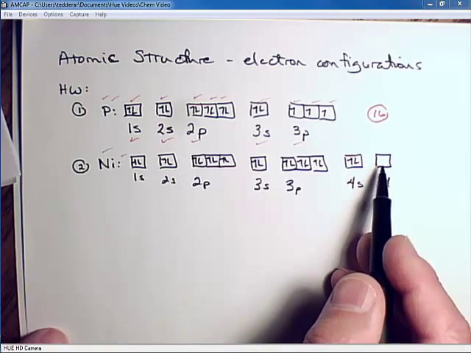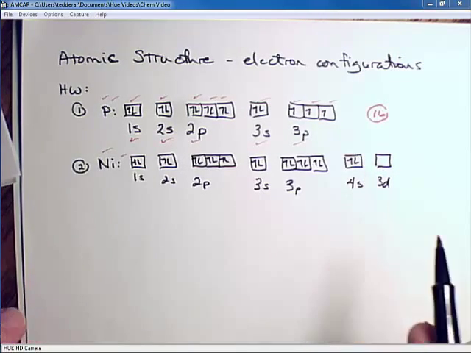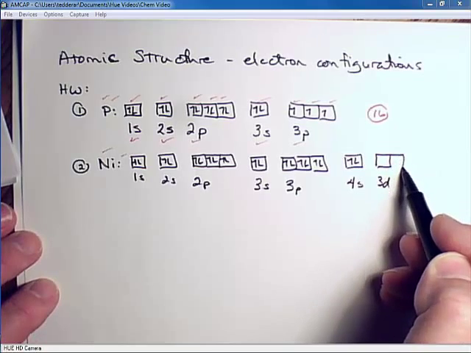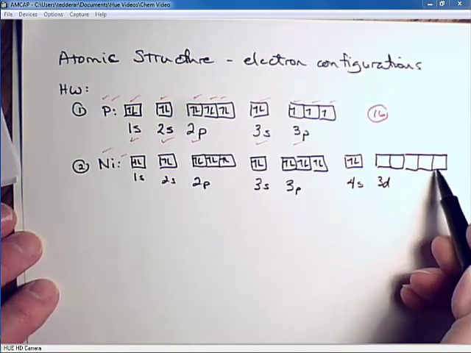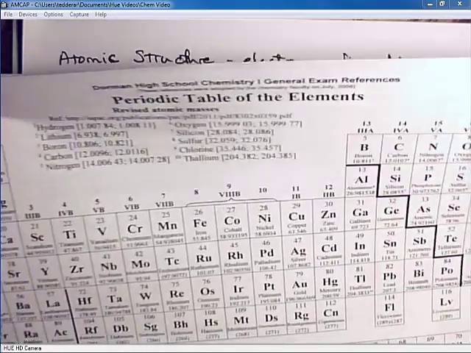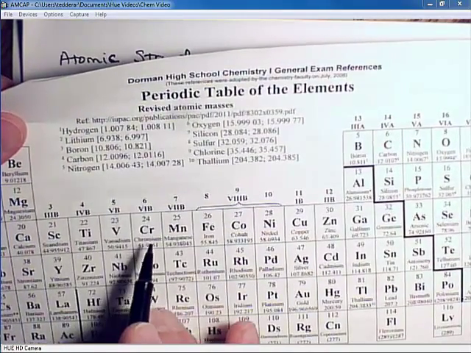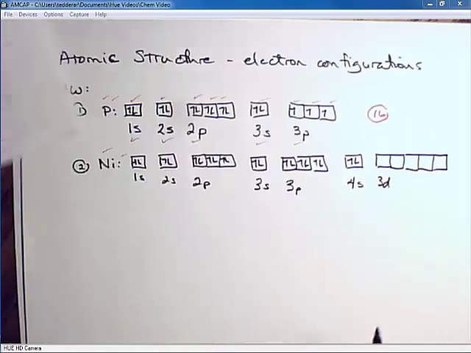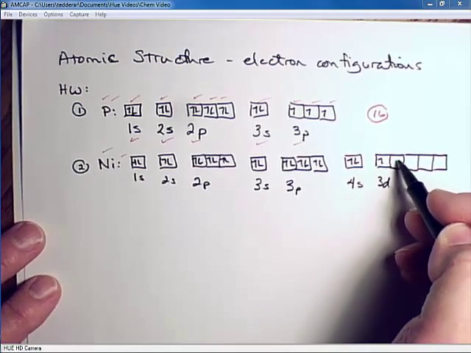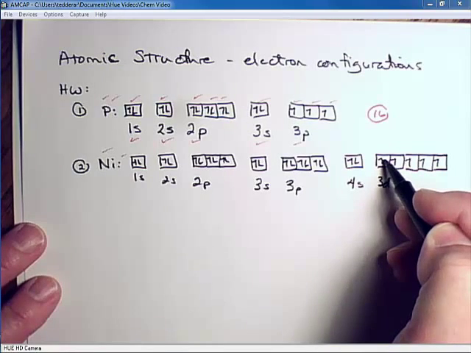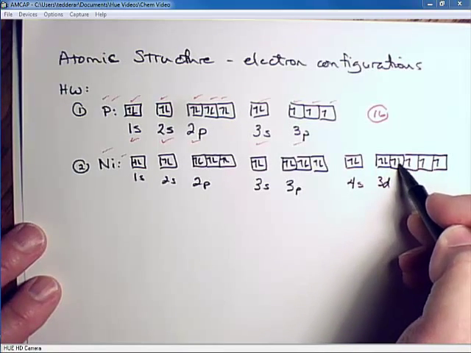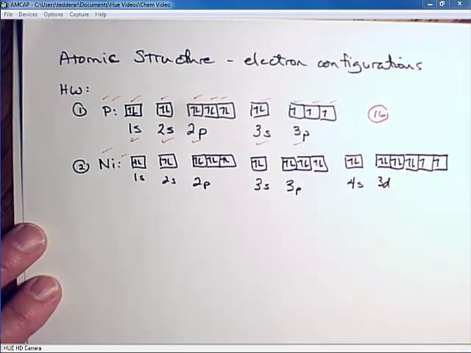So once we put even 1 electron in here, there are 5 orbitals there, and you show them all, 2, 3, 4, and 5. And then counting the number of electrons we have, 1, 2, 3, 4, 5, 6, 7, 8. We're going to put 1 in each box, 2, 3, 4, 5, and then pair up as needed, 6, 7, and 8.